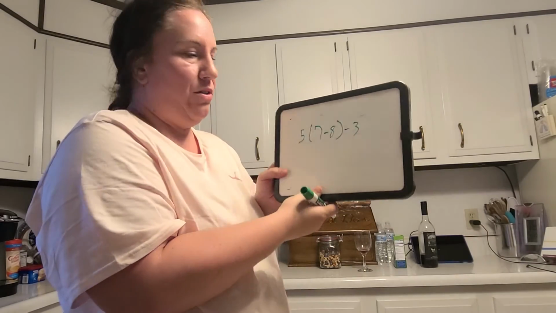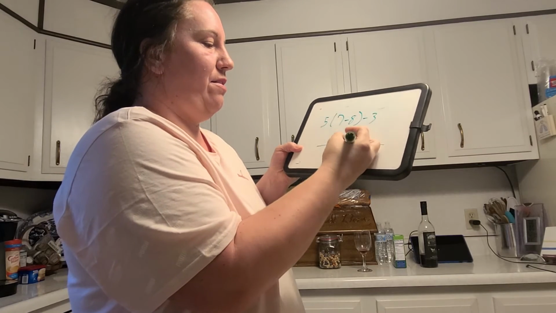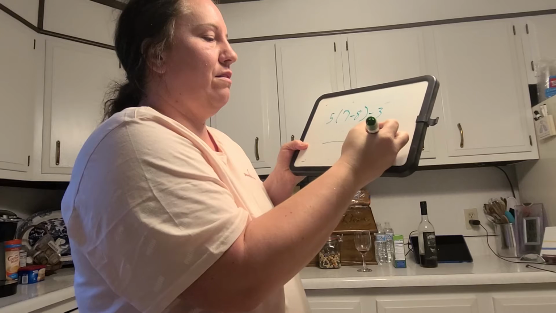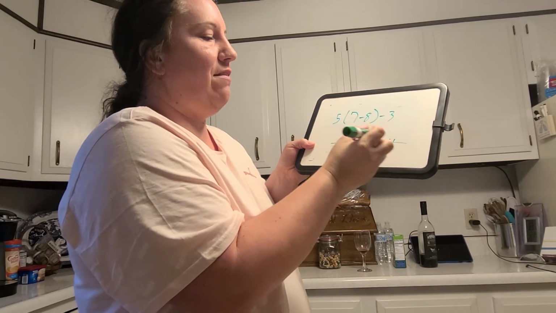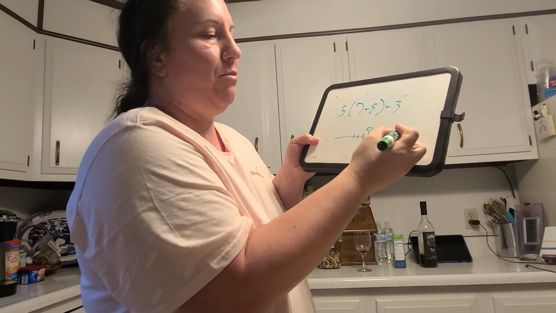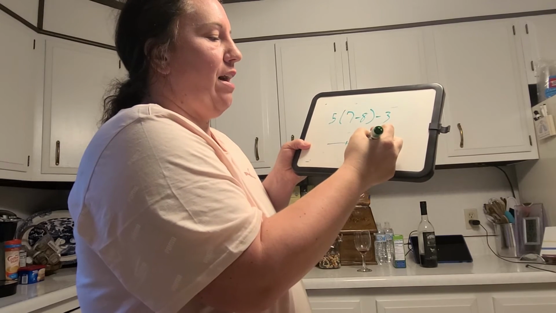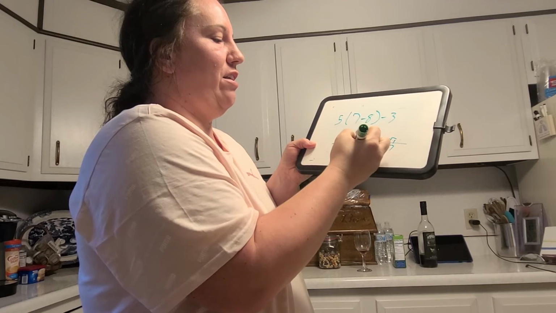If you don't know, you can make yourself a number line. Here's 7, here's 0, right? So I'm having 7 minus 8. That means I'm going 1, 2, 3, 4, 5, 6, 7, 8, and that is a negative 1.